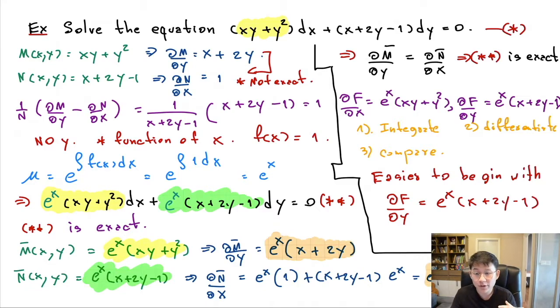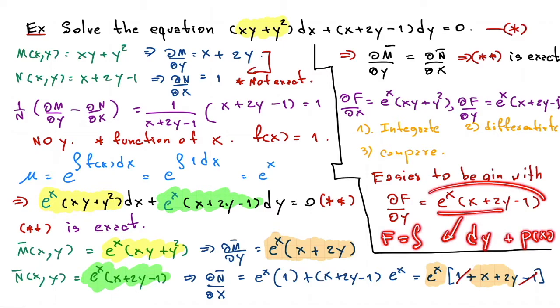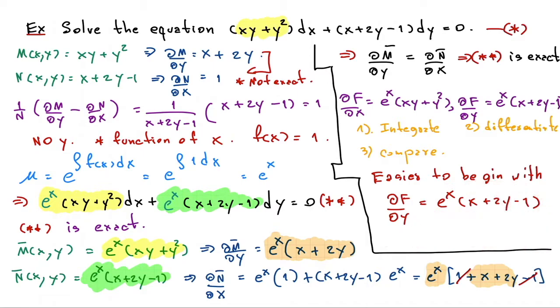Because if you begin with this equation, your f is the integral of this guy dy plus a function of x. If you want to integrate this guy dy, x is considered as a constant, so you have only y here. It's easy to integrate. You see? So it's easier to integrate df by dy.